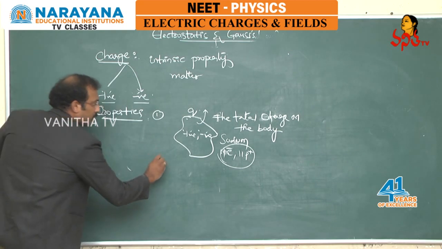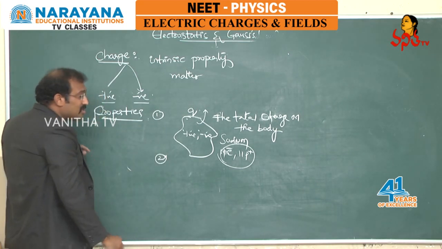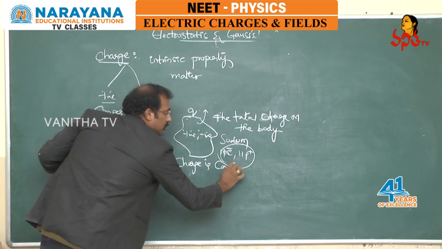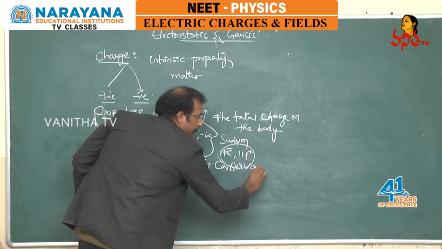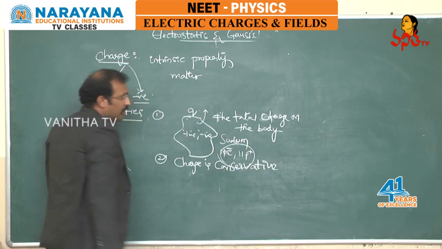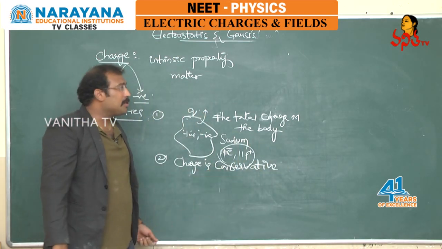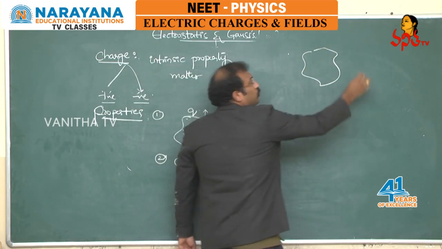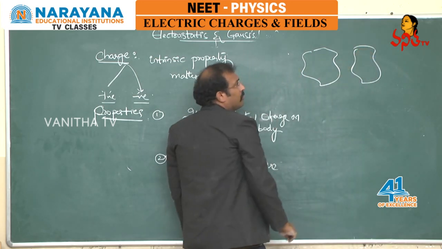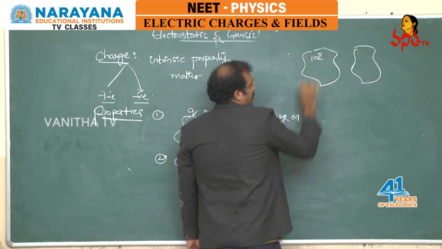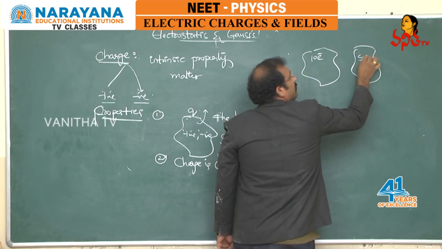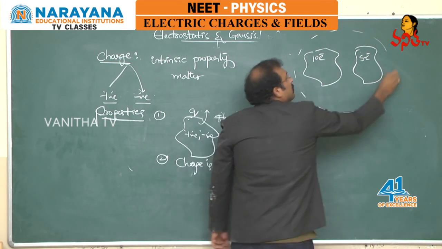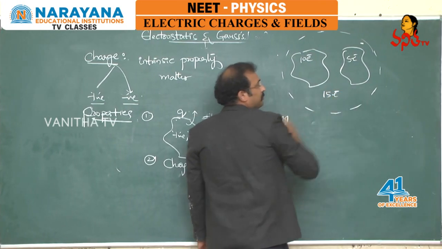The second one, charge is conservative. What does this conservative mean? Suppose if I go for an isolated system of two bodies, this contains 10 electrons and this contains 5 electrons. The total number of electrons in this system is 15 electrons.